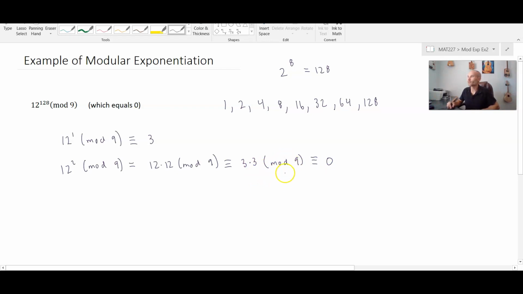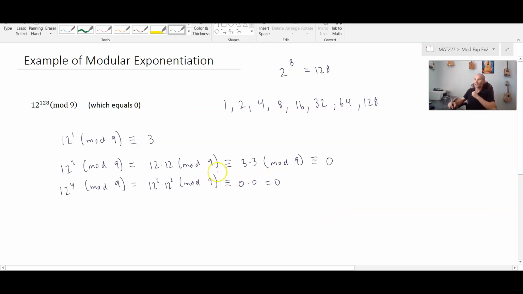Now here's where things get a little bit more interesting. If we do now 12 to the 4th mod 9, oh, and I should have written, okay, there we go, 12 squared times 12 squared mod 9, and we can now take that as the product of the remainders of 12 squared mod 9. 12 squared mod 9 has a remainder of 0, so this is congruent to 0, and again 12 squared mod 9 is 0, and that's equal to 0.